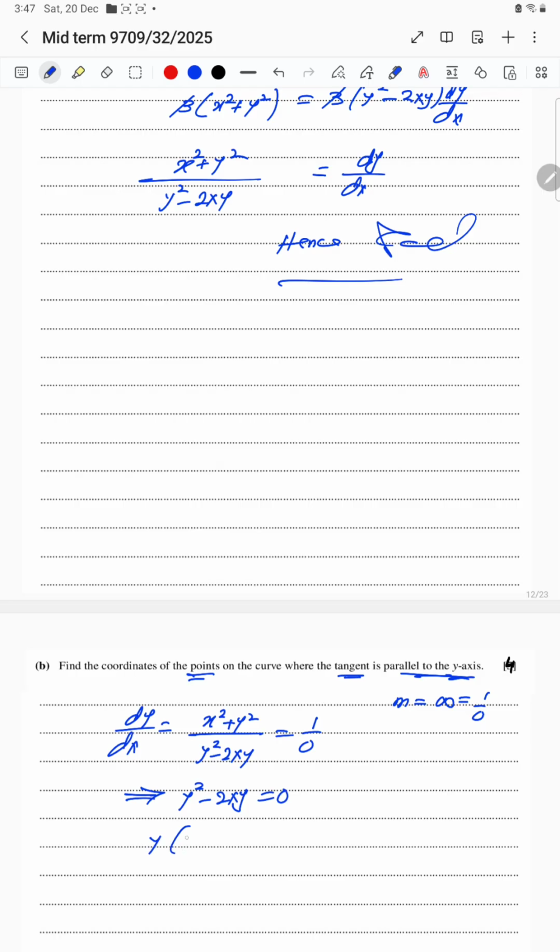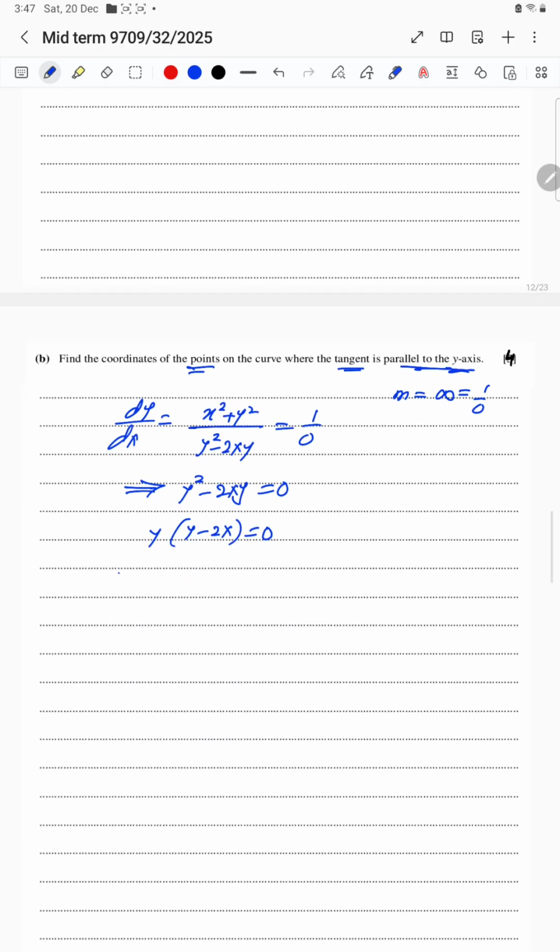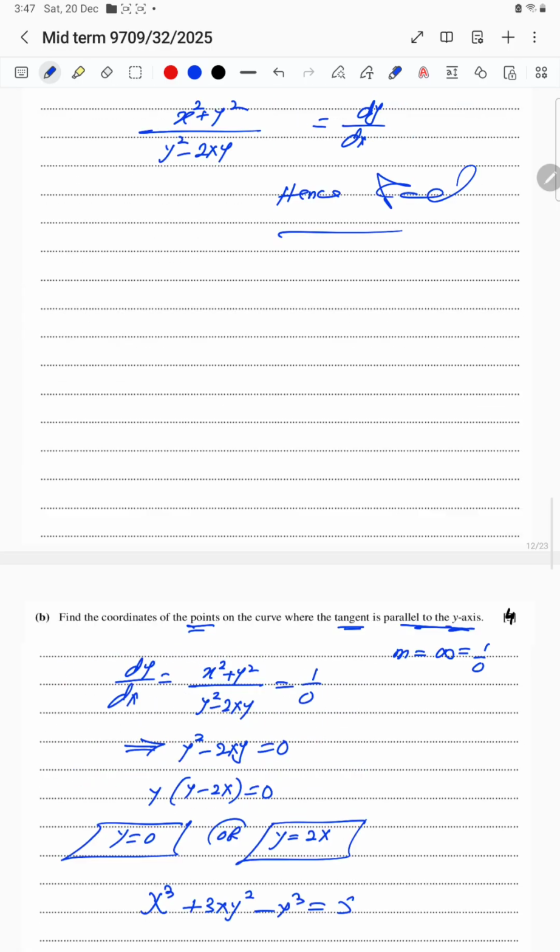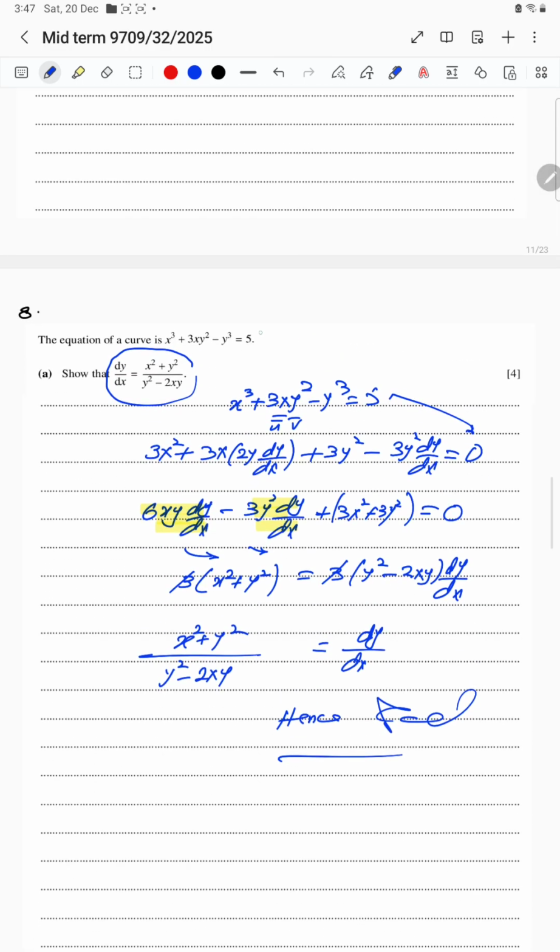Okay, y is common, so one solution is y equal to 0 or y equal to 2x. Now I need to put this in the equation, that is x cube plus 3xy square minus y cube equal to 5. Here it is, yes.